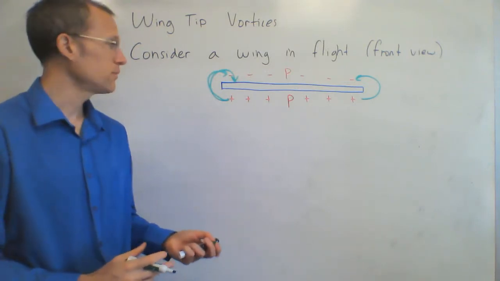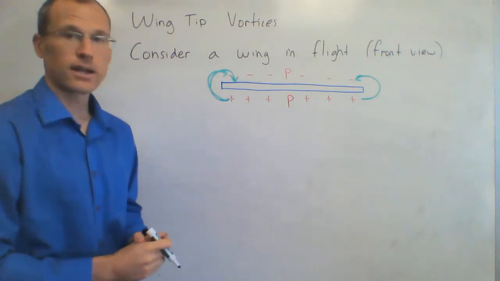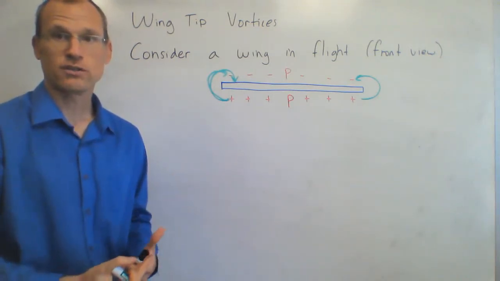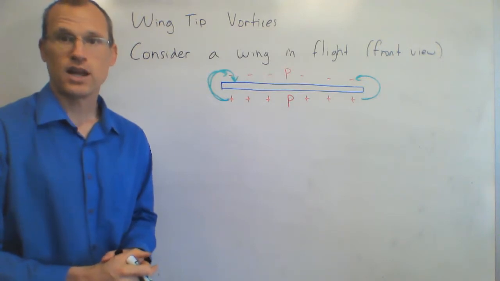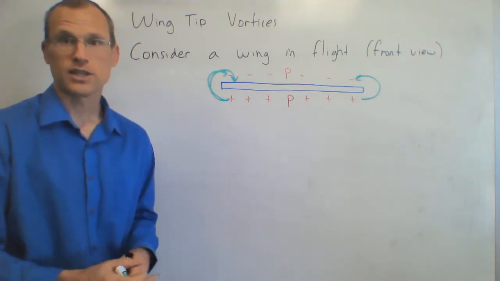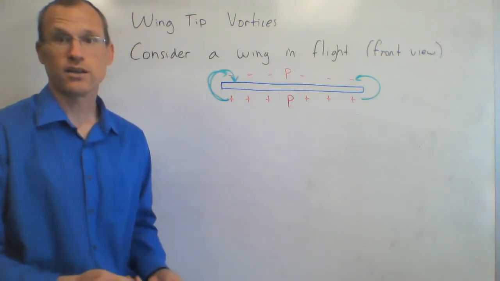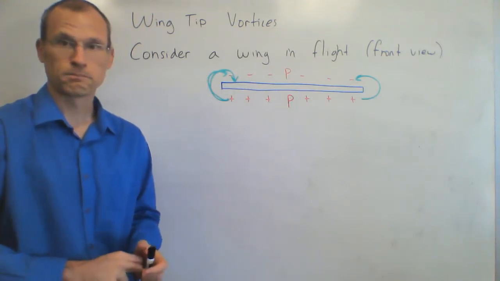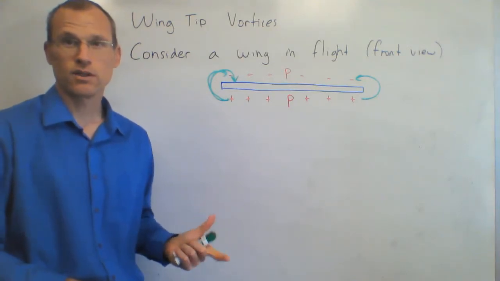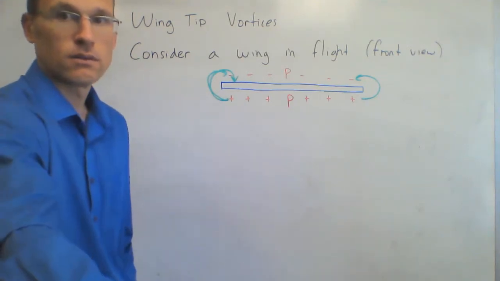Another thing that they do is my wing is making this air swirl around. Making air swirl around takes energy. That energy needs to come from somewhere, and that generally comes from the engine of the airplane. So essentially what you're doing is increasing drag, making more or less fuel efficiency. So generally planes don't want these.